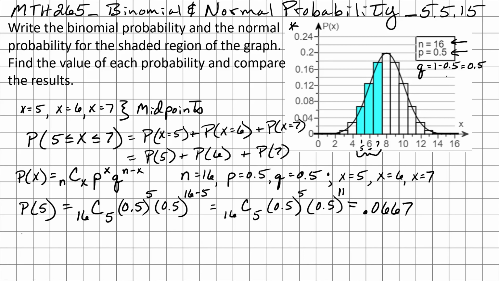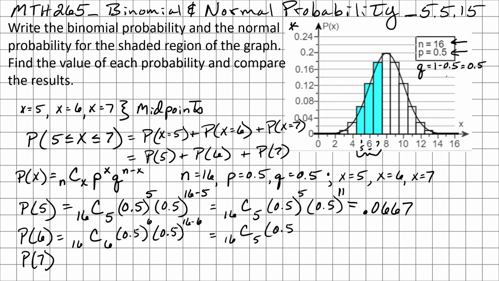We want to do the same thing for P of 6 and P of 7. So this is going to be 16C6 times 0.5 to the 6th power times 0.5 to the 16 minus 6 power. And simplifying it looks just like this.